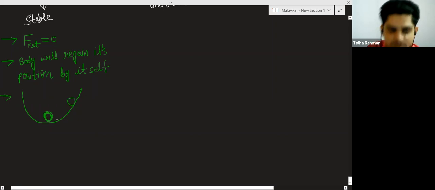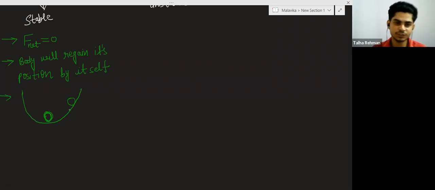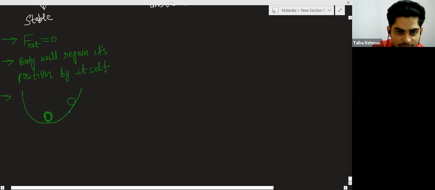Malavika, please tell me what would happen when the ball is at position 1 and we displace it to this position.